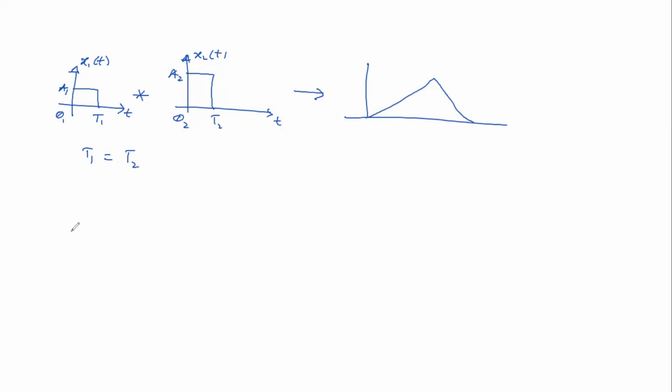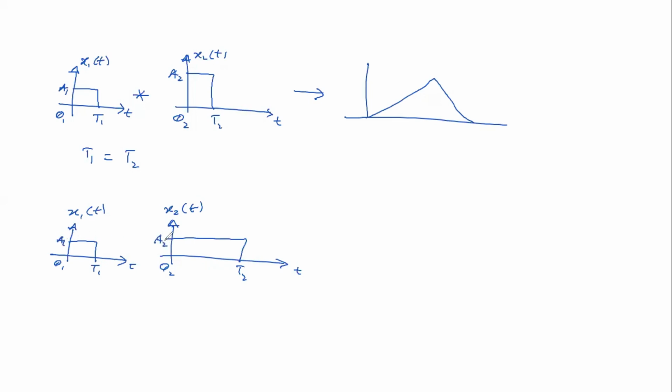Now, what if the pulse durations are different? So let's assume we have this, and then the second pulse duration is different from this. So this is x1 of t, and this is x2 of t, where this is 0 to T1, and 0 to T2. So this is t, and this is t. Here we have A1 as the amplitude and A2, which could vary, regardless of the amplitude.